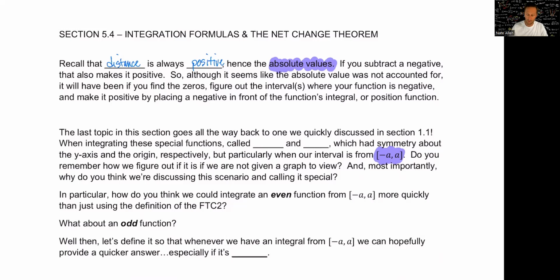And if your functions are either even or odd, then you can get there more quickly than having to use the entire fundamental theorem part 2 in evaluating that definite integral.